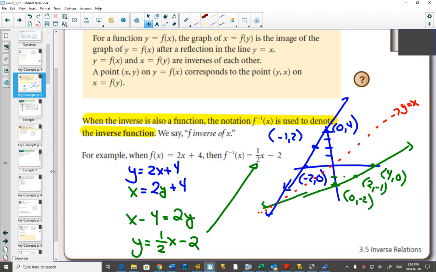Oh, I can switch x and y and also get the equation. And so the whole thing at the beginning where they were getting you to solve for x, it's because they're going to ask you the equation of the inverse, and you're going to have to switch the x and the y and then solve for y again, which is the same as solving for x originally.